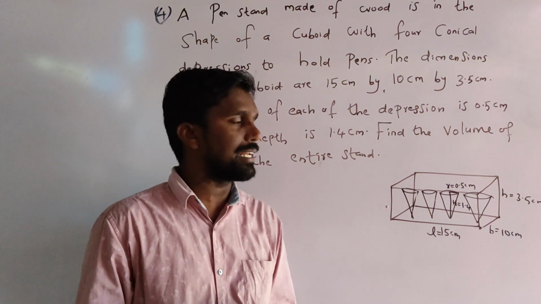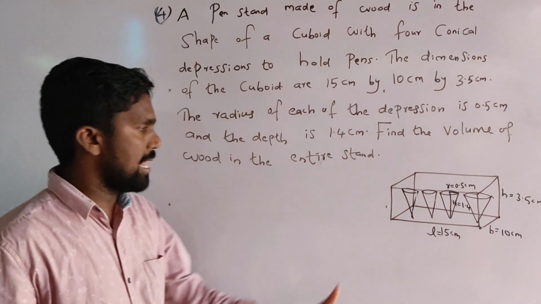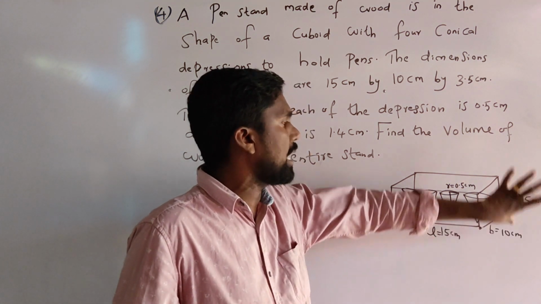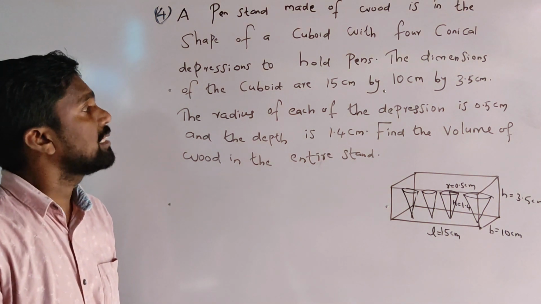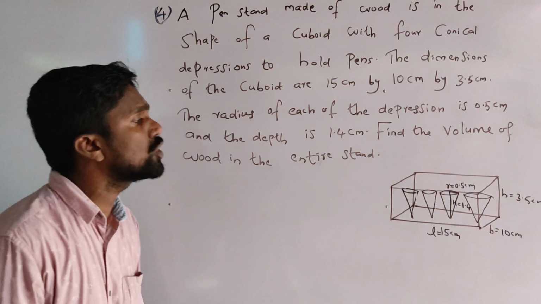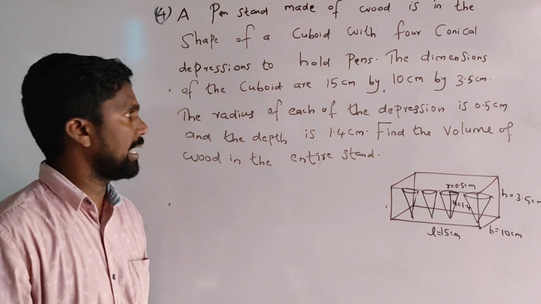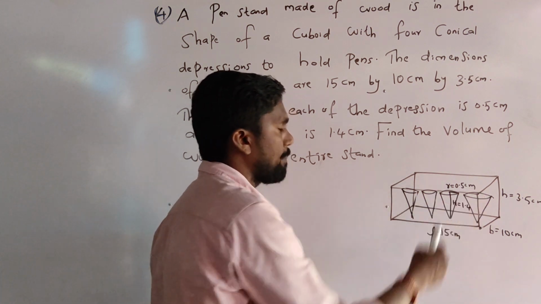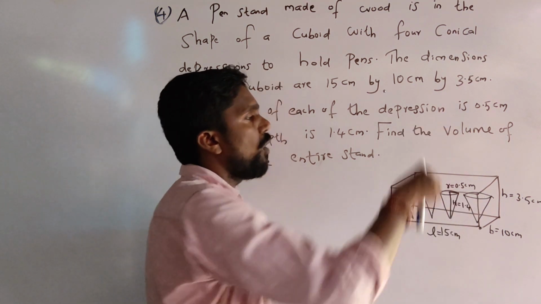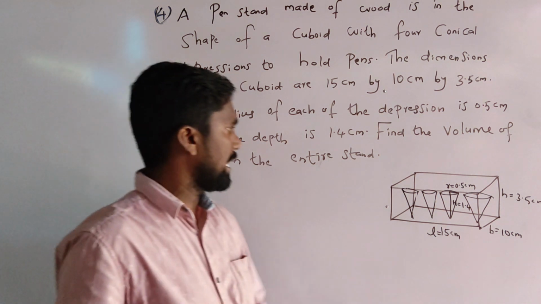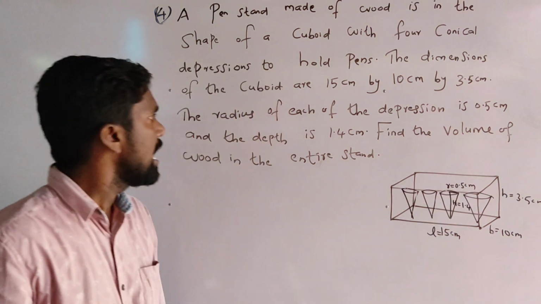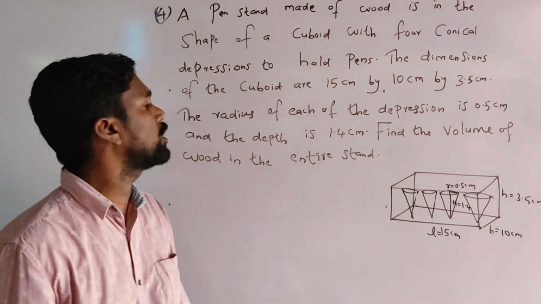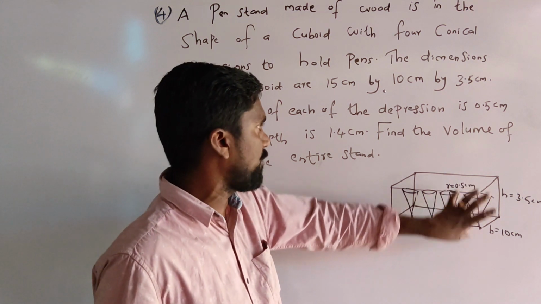The radius of each of the depressions, that means 4 cones are taken out. So after that you will get the cone shape inside to keep the pen like this. 4 conical depressions. Radius 0.5 centimeter. Depth means this height. Height of the cone is 1.4 centimeter.